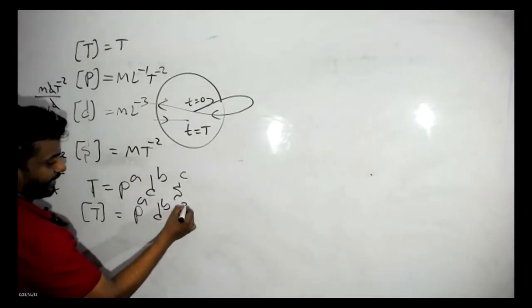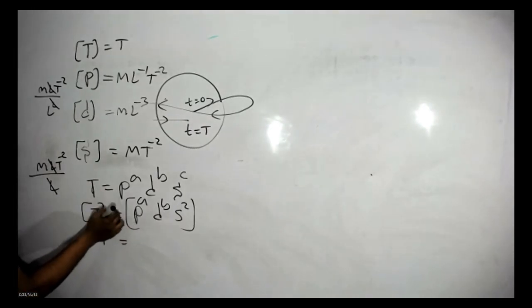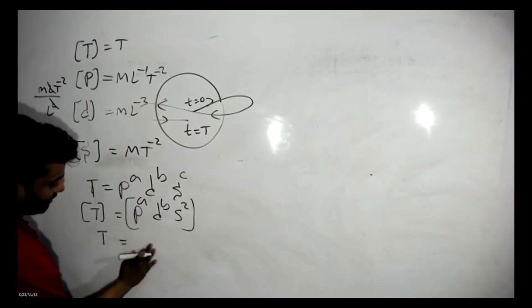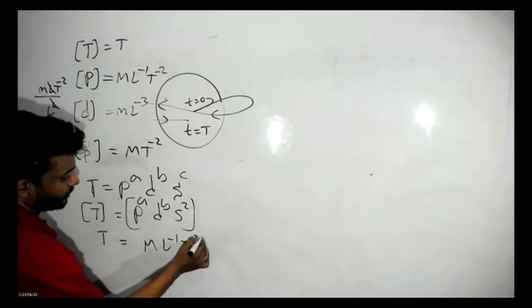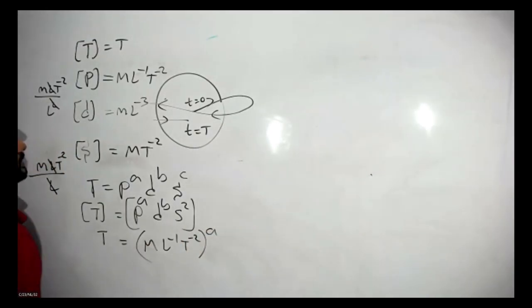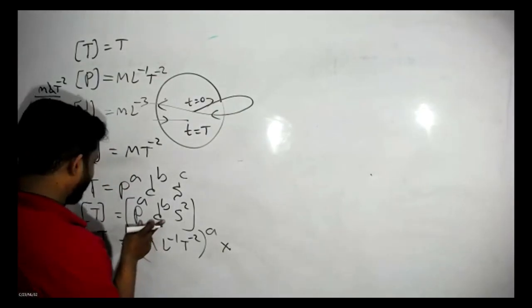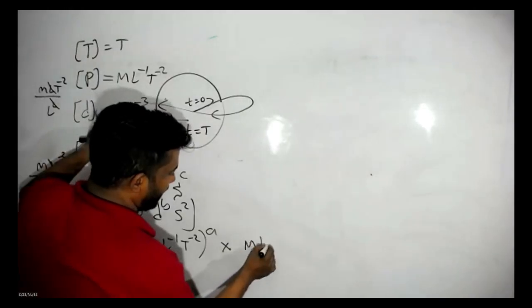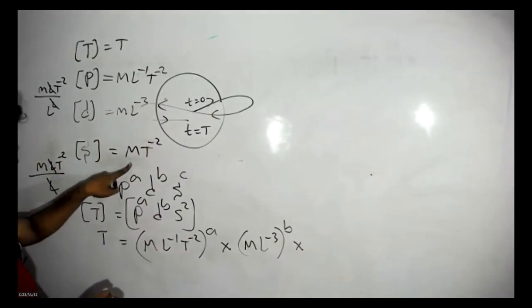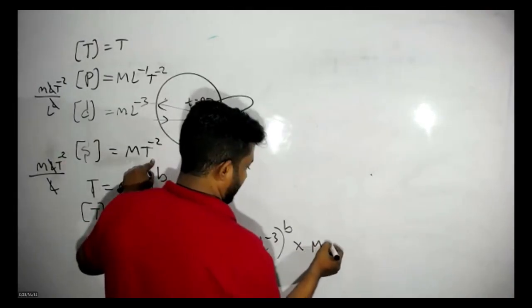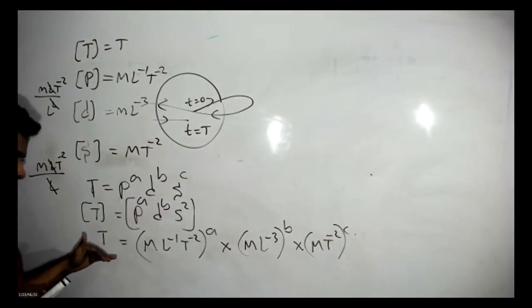The dimensions of capital T is T. Then the dimensional formula of pressure is M L minus 1 T minus 2, to the power A. The dimensional formula of density D is M L minus 3, to the power B. The dimensional formula of surface tension is M T to the power minus 2, to the power C. Then you can consider the dimensions of each term.